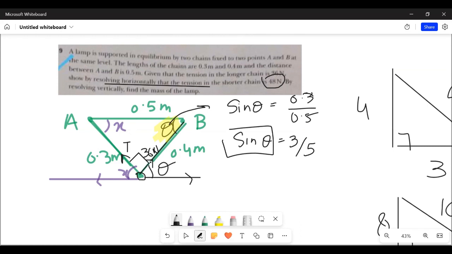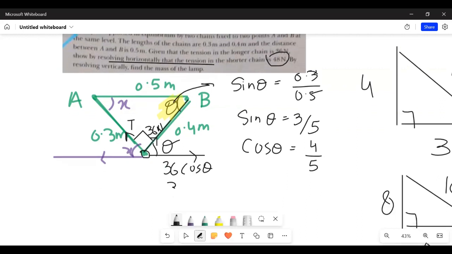So if you know sine theta is 3/5 and cos theta is 0.4 over 0.5, which I can write as 4/5. So I would know that this component is 36 cos theta. So instead of cos theta, I'm going to use 4/5.